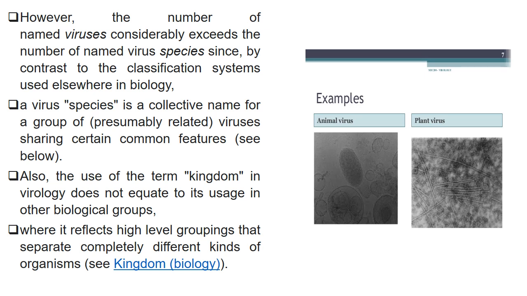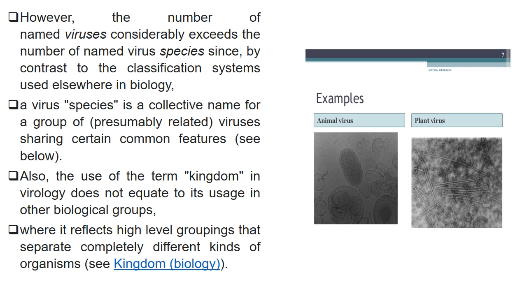However, the number of named viruses considerably exceeds the number of named virus species, since, by contrast to the classification systems used elsewhere in biology, a virus species is a collective name for a group of viruses sharing certain common features.